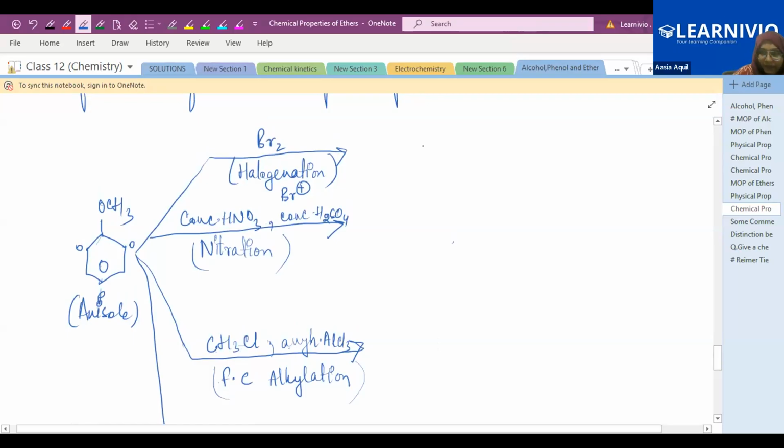You will get OCH3 over here, and this Br plus is the electrophile. So the electrophile will form this ortho product plus the para product, with bromine attached at the para position. These two products, with OCH3 as it is.